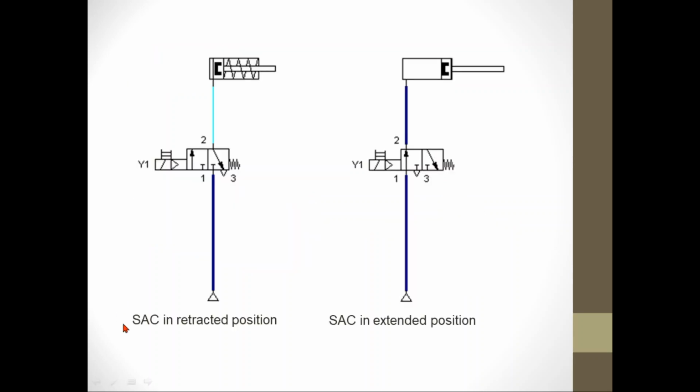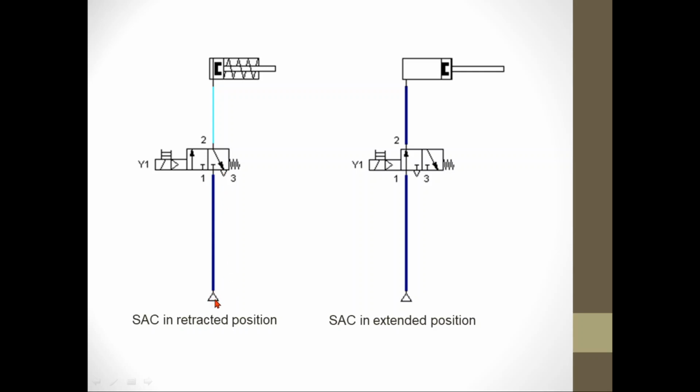As you can see in this figure, the compressed air is connected to the 3/2-way valve, and the cylinder is also connected to the valve. The blue line represents the path of the air.